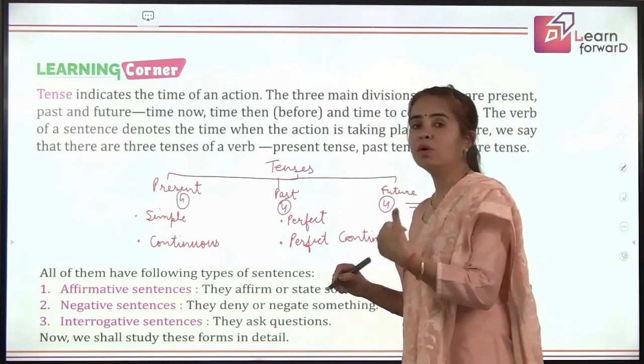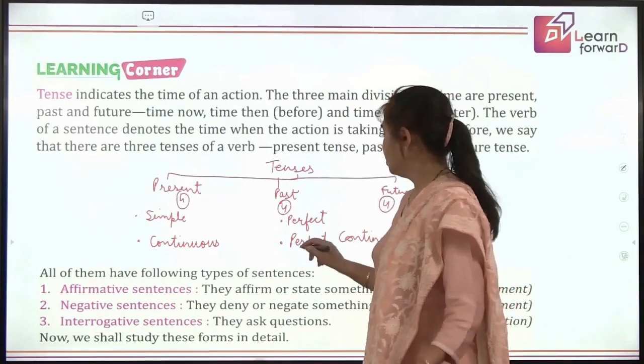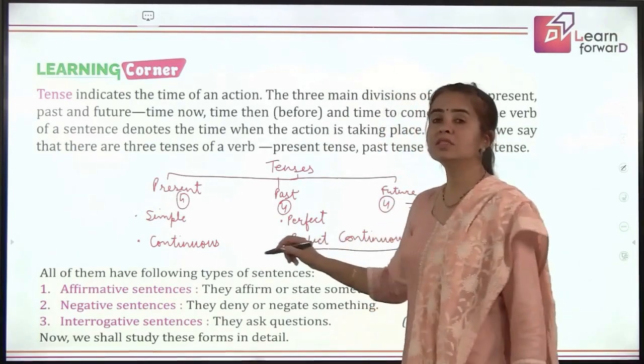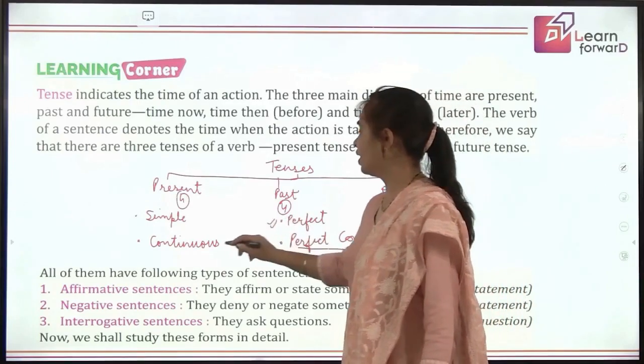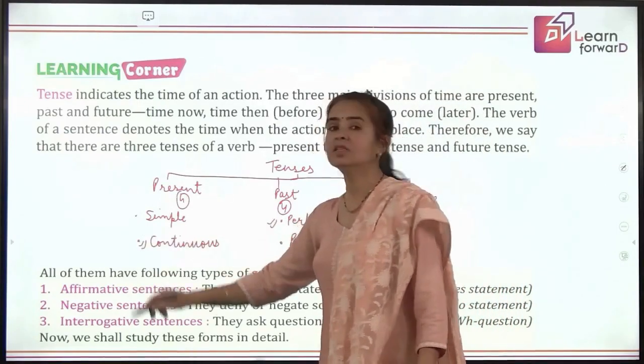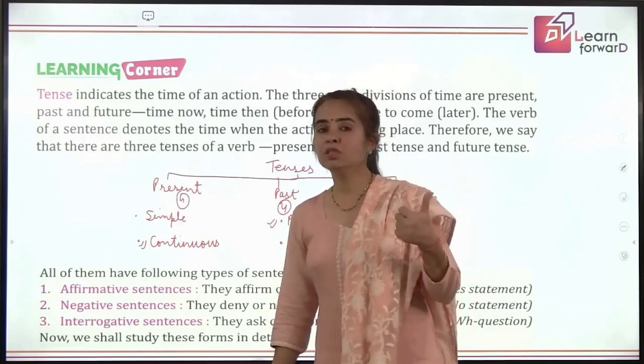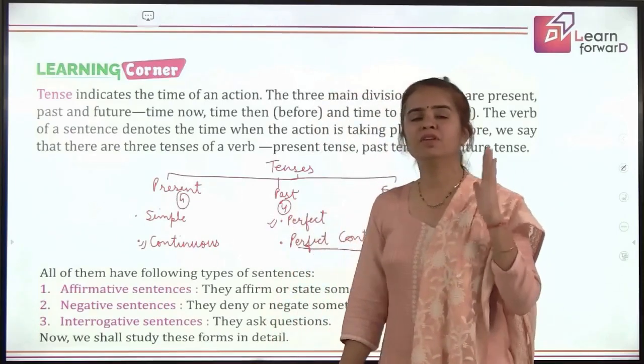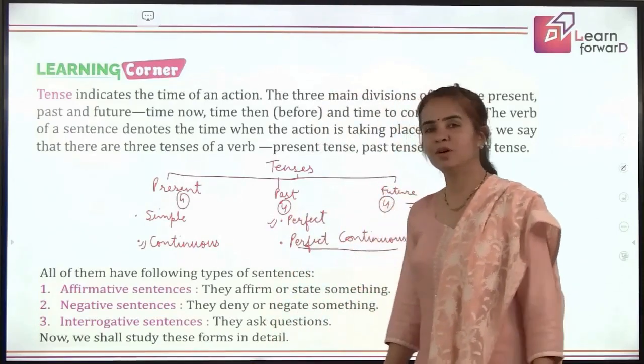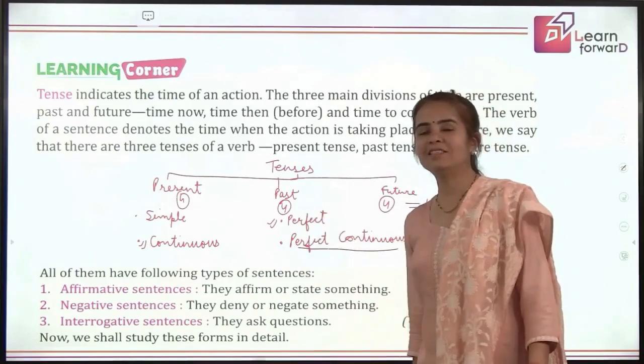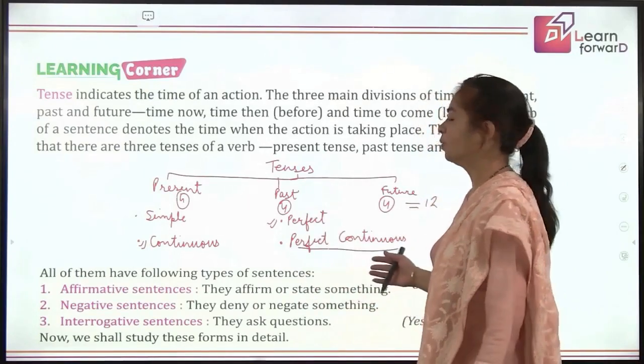And if you look at the name, perfect continuous is a combination of perfect as well as continuous. So the role is also a combination, and even the formation of the verb there is also a combination. We'll just see ahead and we'll be learning about them.